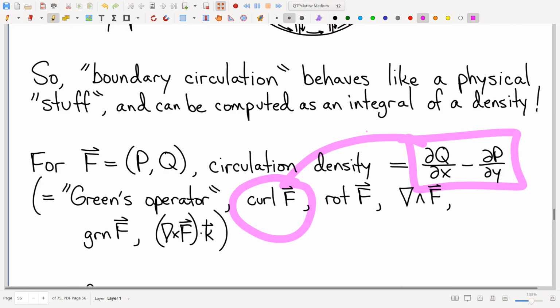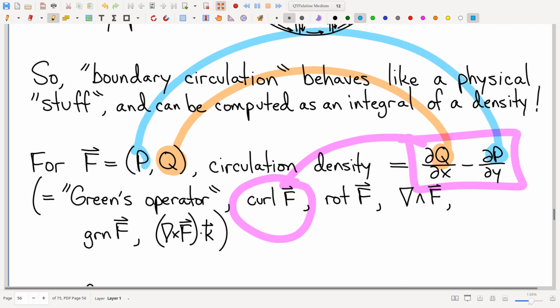It's the x partial of the second coordinate of the vector field minus the y partial of the first coordinate of the vector field. Right? So we like to say dq dx minus dp dy because it rolls off the tongue nicely. But anyway, x partial of the second minus y partial of the first.